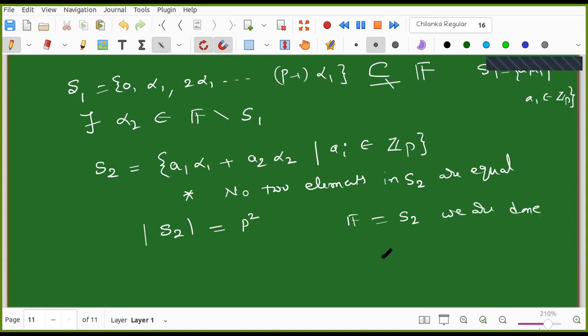I hope you understand how we proceed. Otherwise, we continue, and this process will stop as F contains only finitely many elements.